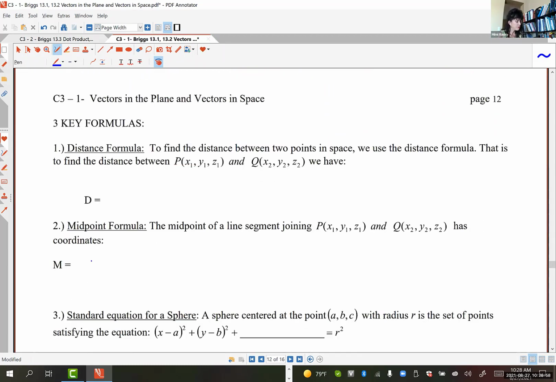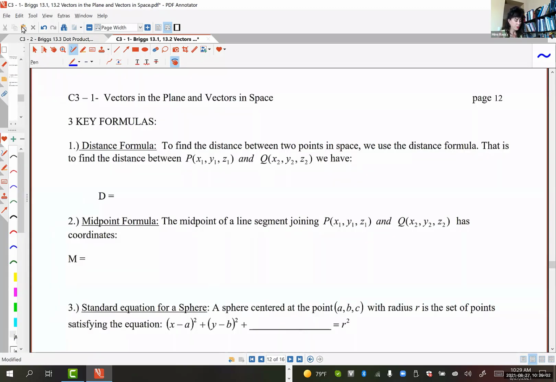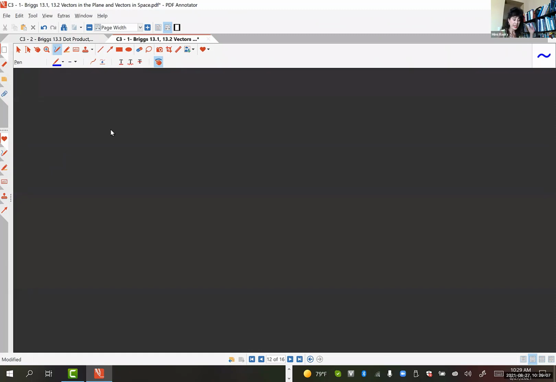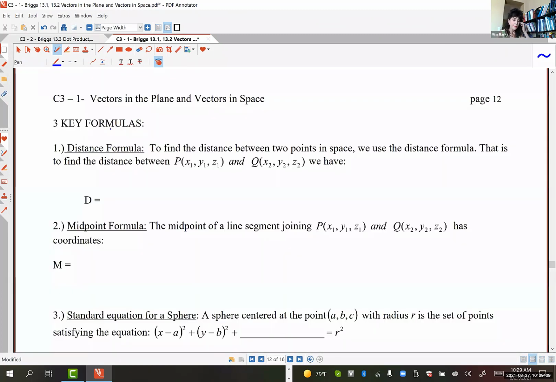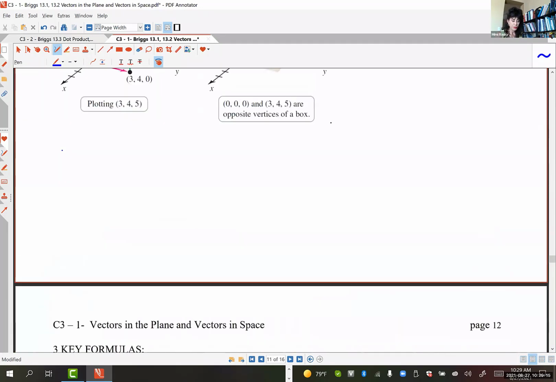Let's look at some formulas in 3D. So we're going to look at 3 formulas here: the distance, midpoint, and standard equation for a sphere. The distance formula in 3D is super similar to the distance formula in 2D. So let me just remind you of what that looked like.